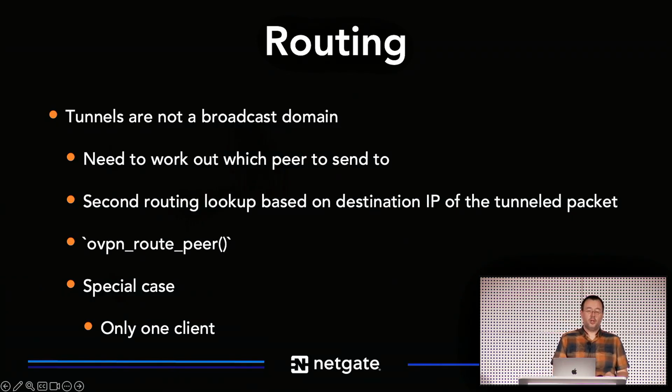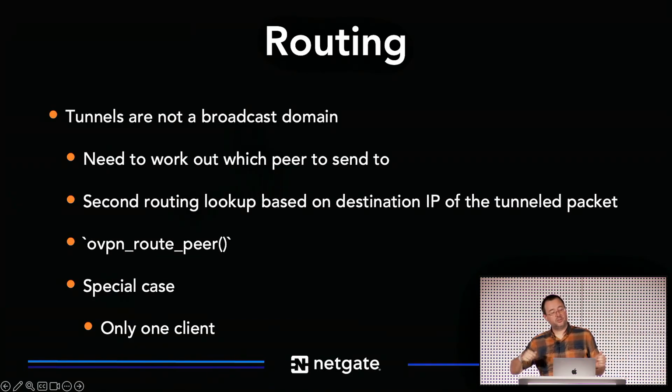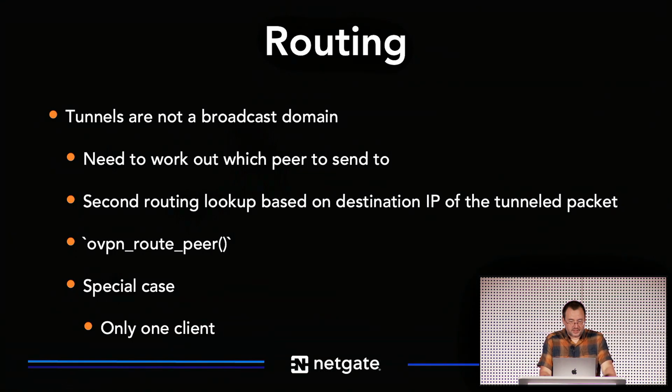If it's not, we can do a route lookup. How do I get to this particular IP address? We do a route lookup, and hopefully the route lookup will tell us that, oh, actually the gateway for that particular route is this IP address, and this IP address is one of our peers. For those of you reading along in the source code, this is ovpn_route_peer. I won't actually bore you with actual source code here, but that's where to find it.